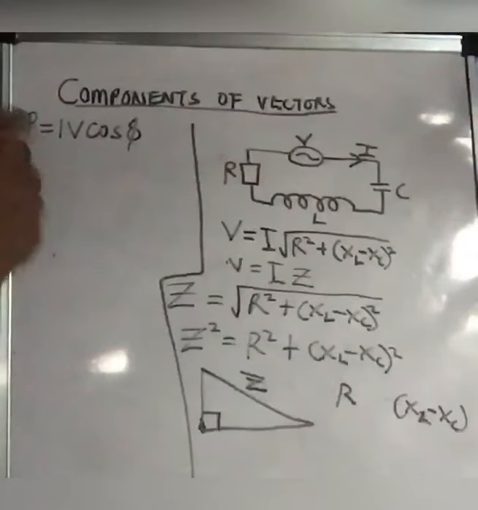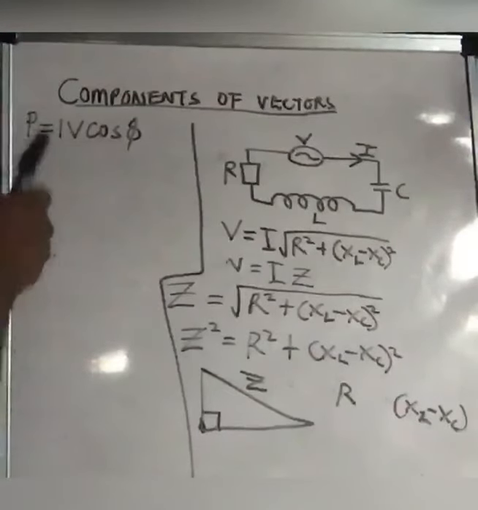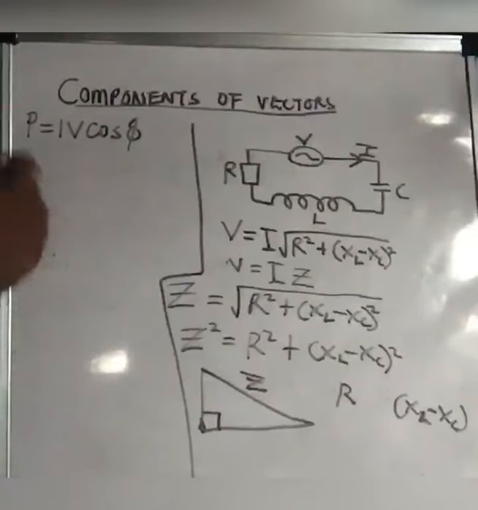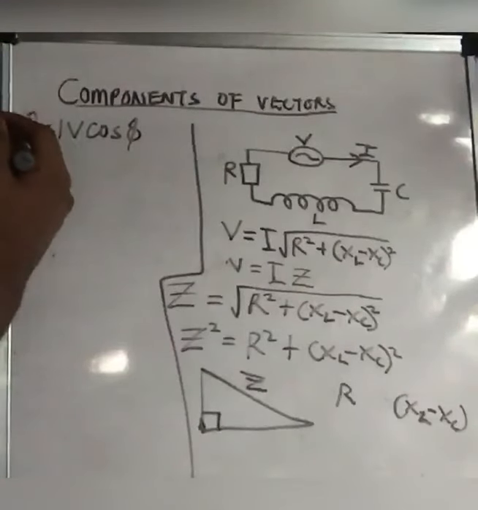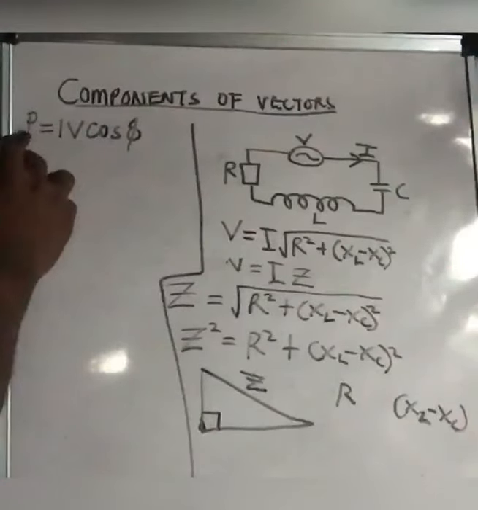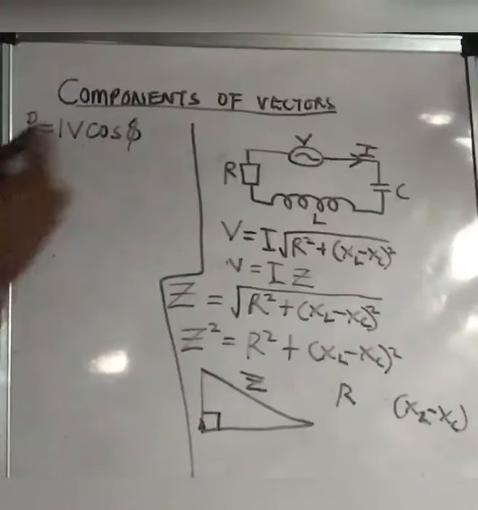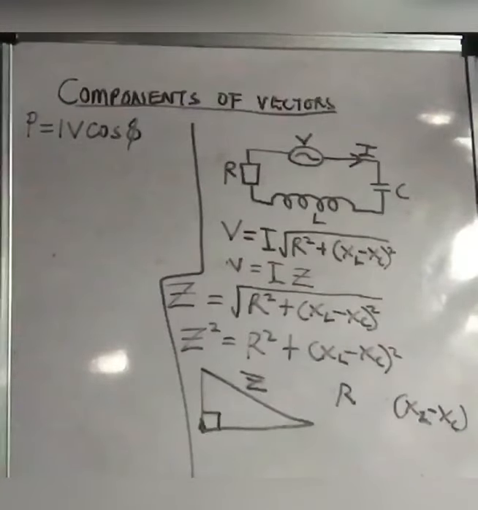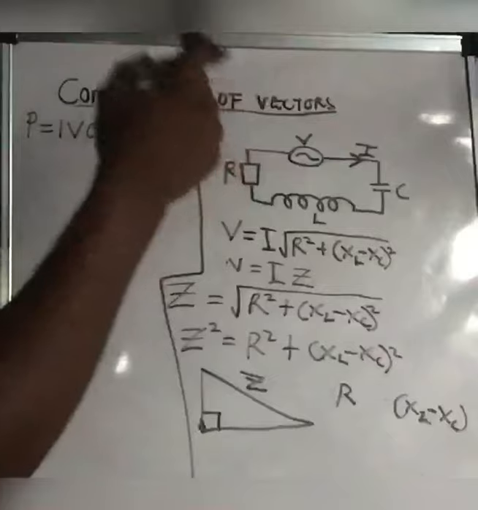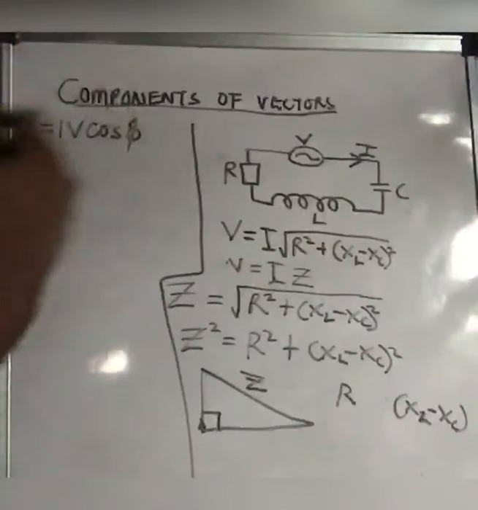This is one of the relationships you come across in alternating current circuits. You know that power in a direct current circuit is equal to current times voltage in the circuit. But in the alternating current circuit, you have this. This is called the phase angle. The idea of phase angle is due to the fact that the current and the voltage in an alternating current circuit are out of phase.